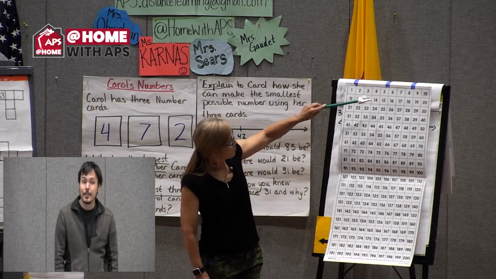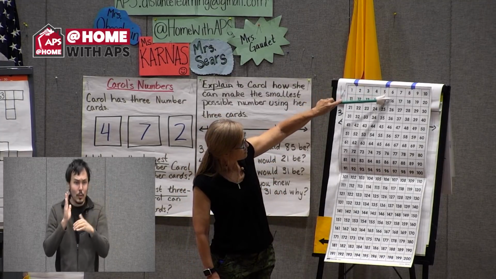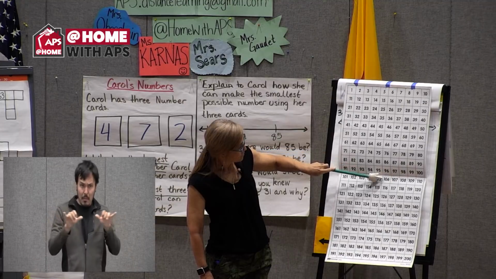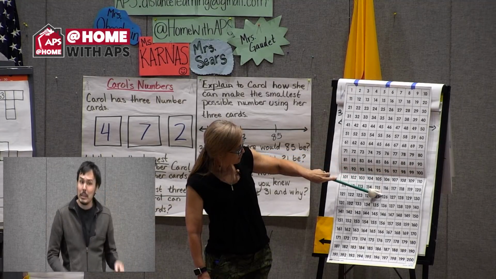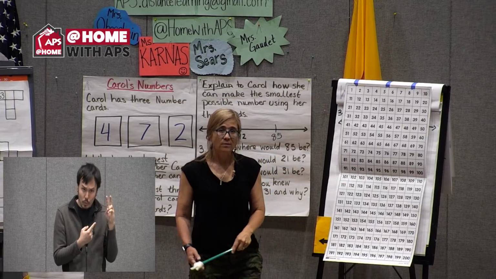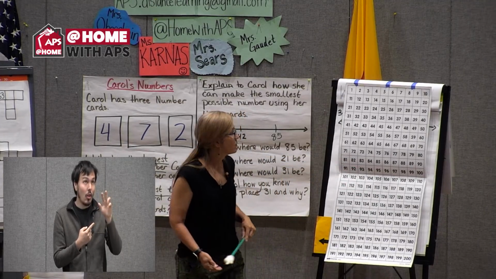Do you see that pattern repeat itself again? This same pattern that we have here. As soon as we get to 106, there's the 16 and the 26 and the 36 and so on. So that pattern again just repeats itself.